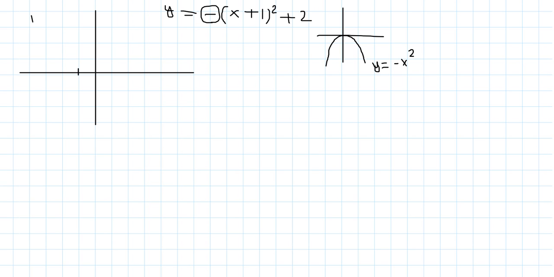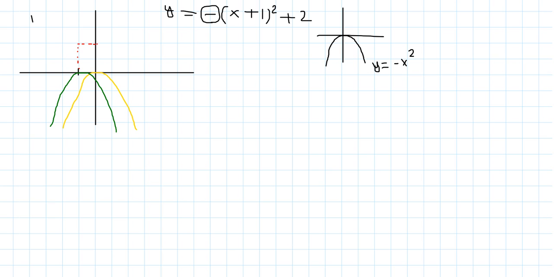At first, let's draw y equals minus x squared. Second, shift the vertex to x equals minus 1, and plus 2 means it should go up 2.